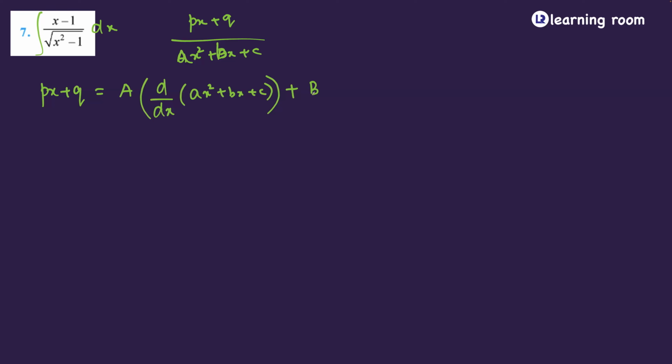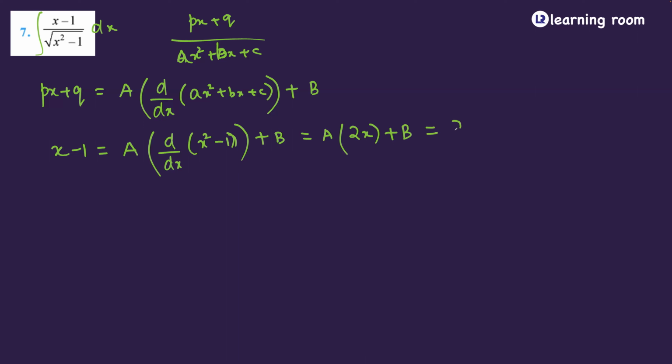So here it is going to be x minus 1 is equal to a into d by dx of x square minus 1, plus b. This will be equal to a into 2x, and you have plus b.